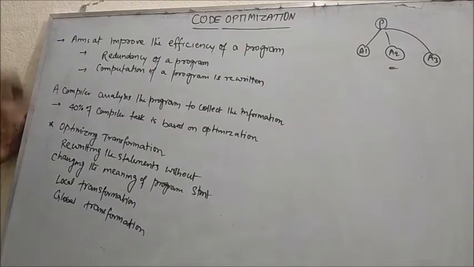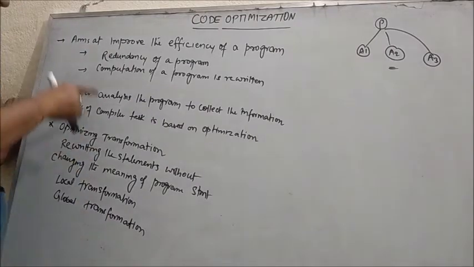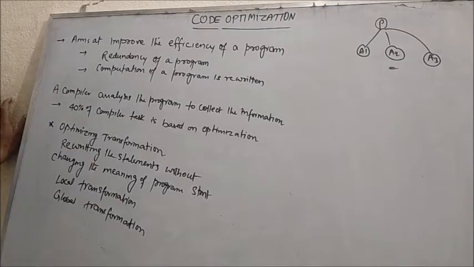That means code optimization strictly aims at the efficiency of a program by, first of all, removing redundancy. Whatever redundant code is there, we will try to eliminate it. First thing. The second thing is that the computation of a program is rewritten.